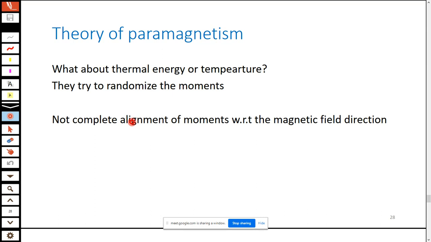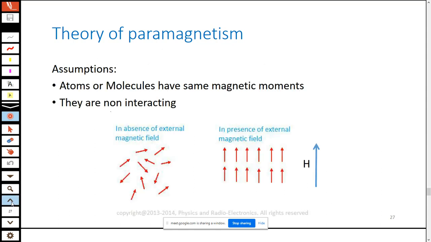The magnetic field is trying to align them along the field direction when you apply it, but there is thermal energy. Thermal energy is typically expressed as kB T, where T is the temperature and kB is the Boltzmann constant. That kB T thermal energy is always there to disturb this equilibrium, or randomize the spins.